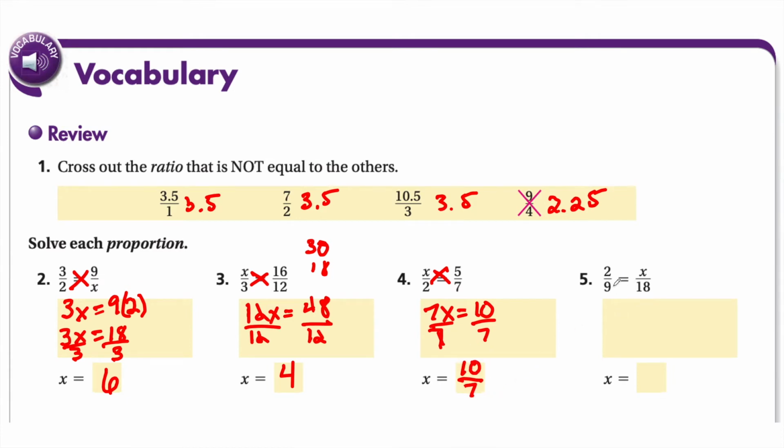And last but not least, you have 9x equals, well, 2 times 18 is 36. So we have 9x equals 36. We are then going to divide both sides by 9, and you'll get that x is going to equal 4.